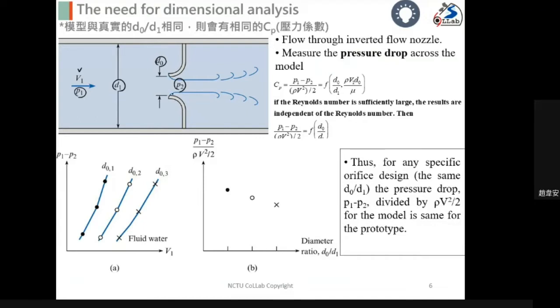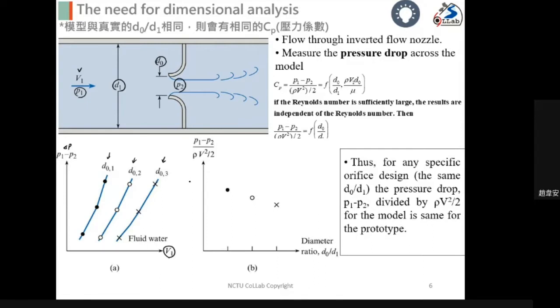So we make one plot. We know the pressure difference when we conduct the laboratory experiments, and we have the velocities. In the figure shown here, different diameter conditions give a different relationship between the pressure difference and the velocity of the free flow.